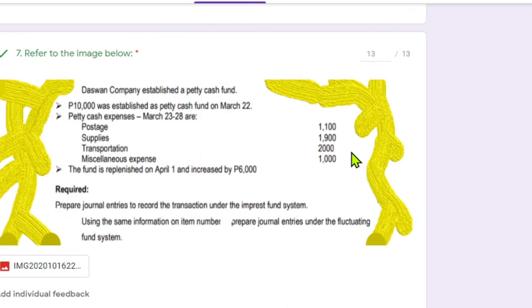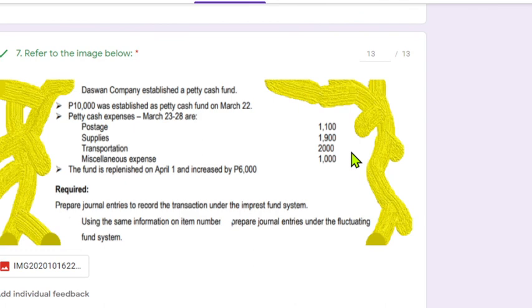So kung gagawin mong 6,000 ang entry mo dyan sa April 1, ay mamamali na yung running balance. Hindi mo ni-represent yung increase or hindi mo ni-represent yung replenishment. So ang entry doon ay debit PCF, credit cash in bank 12,000. So that is for 1 point.